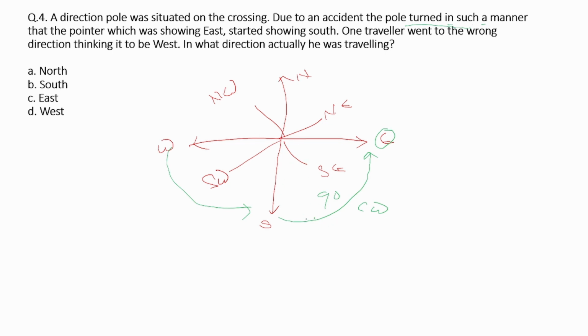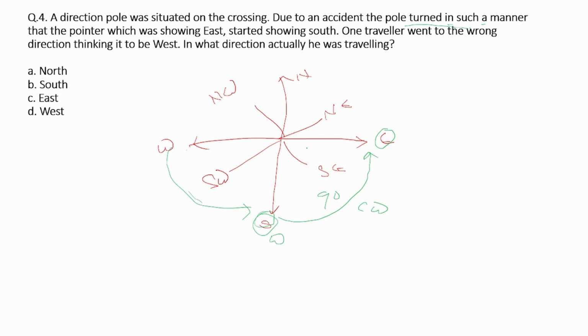From this we can see that the lines are moving 90 degrees in a clockwise direction. It means west also moved clockwise to this position, so west now comes here. The question says one traveler moves towards west, actually thinking he is moving west, but actually he is traveling in the south direction.